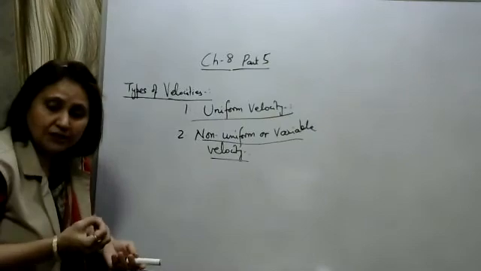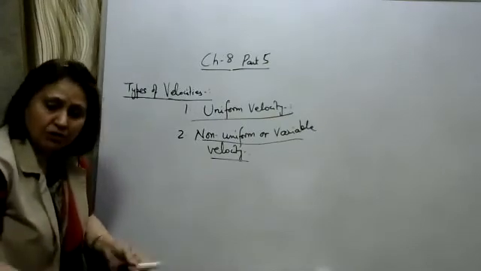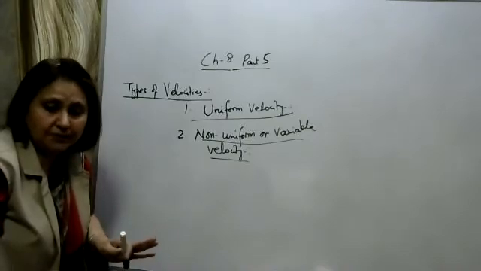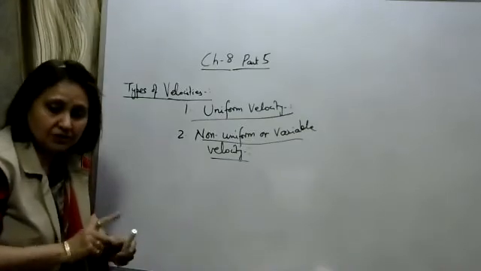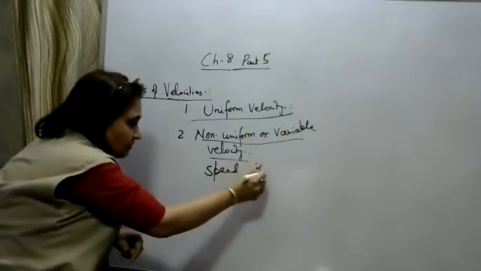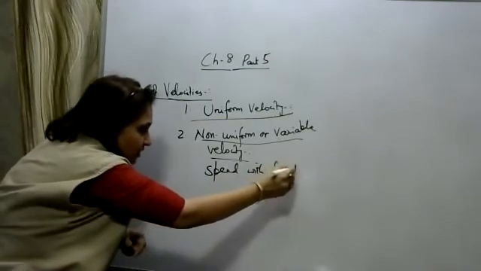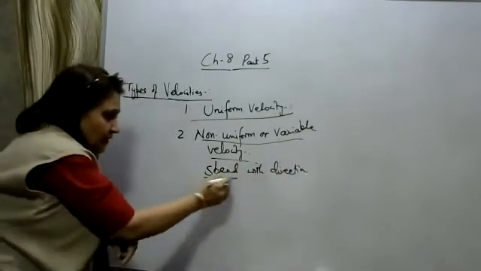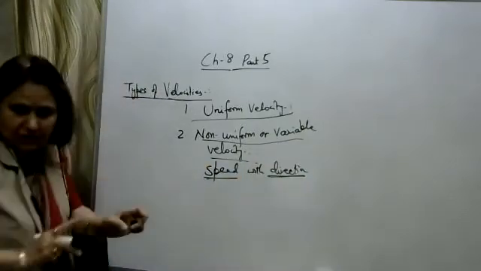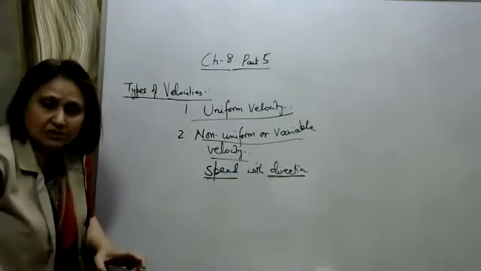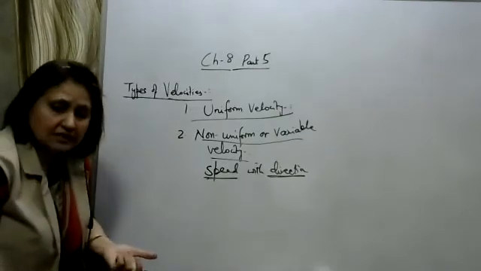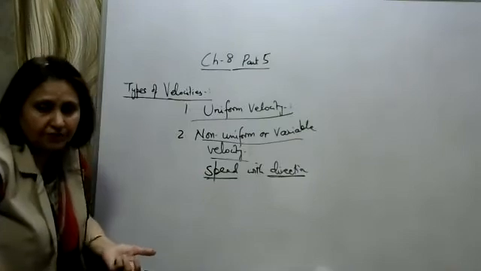Or if the object is changing both its speed and direction, then also the velocity will be non-uniform. Speed with direction, we call it velocity. Such a velocity, we call non-uniform velocity.